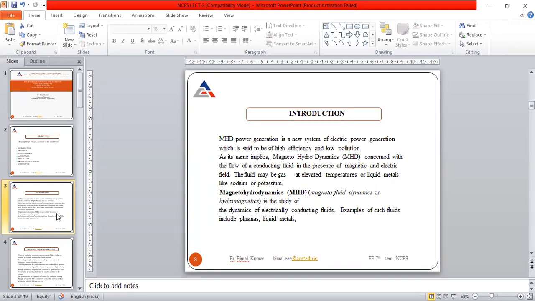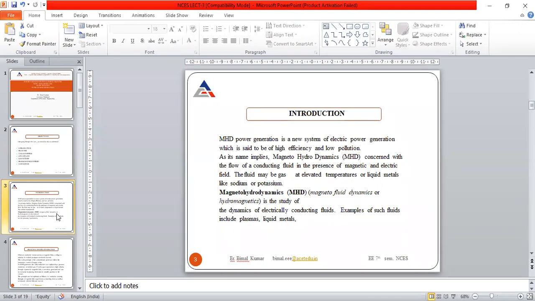So what will happen when that coil rotates? Due to that, some d phi upon dt will occur, because magnetic lines of field will always be passing from north to south pole. And as per Faraday's laws of electromagnetic induction, an EMF is induced across the coil whenever there is a rate of change of flux.